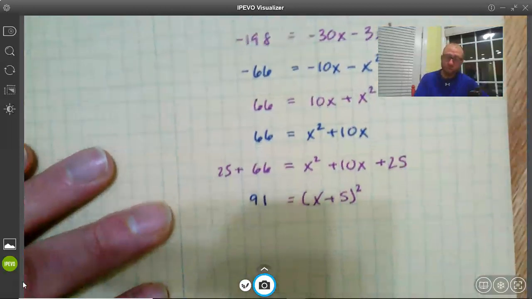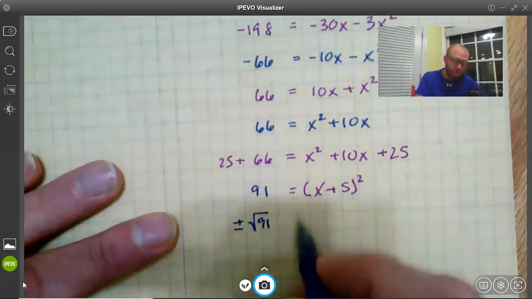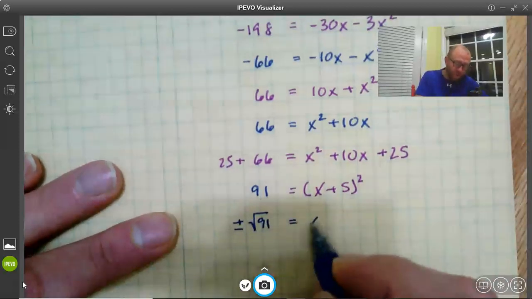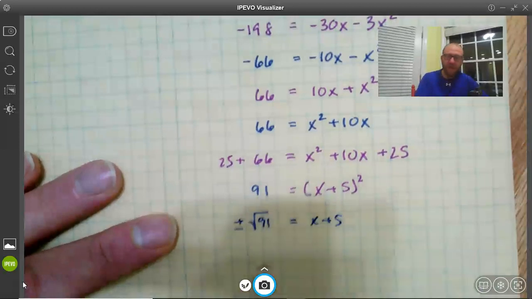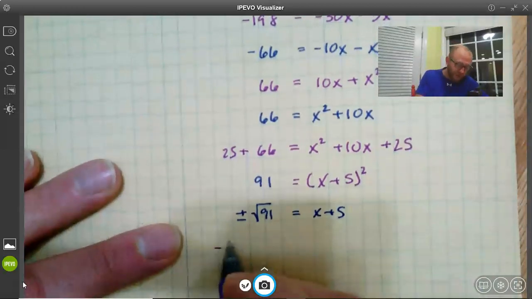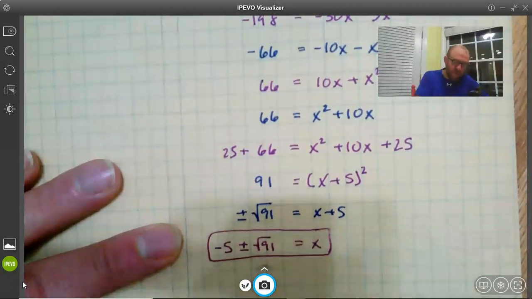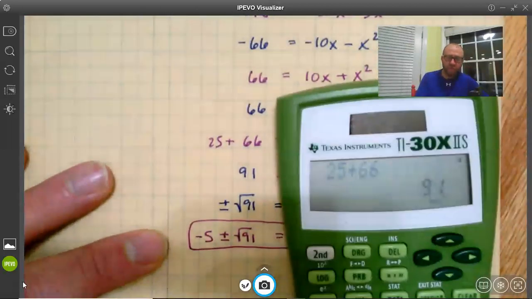Now, I take the square root of both sides, keeping in mind that it's going to be that plus or minus thing, we've talked about this before, equals x plus 5, and then I'm going to subtract 5 from each side, and I end up with negative 5 plus or minus square root of 91 equals x. And this value here, let's find out what that is, roughly anyway.